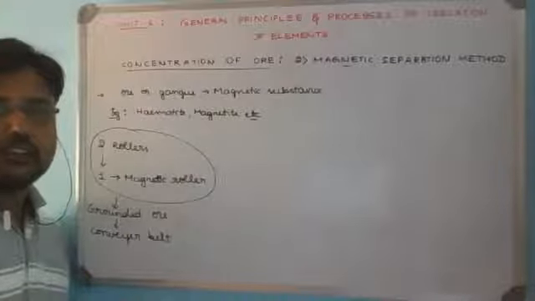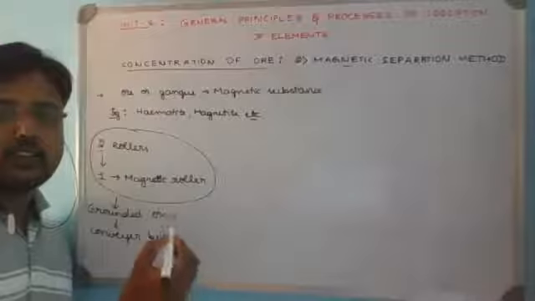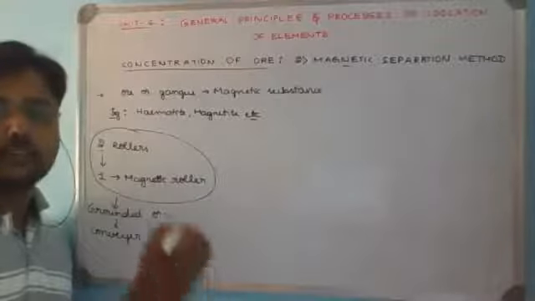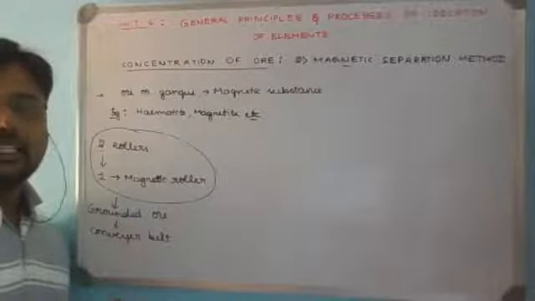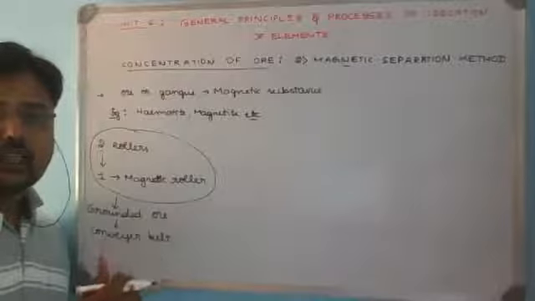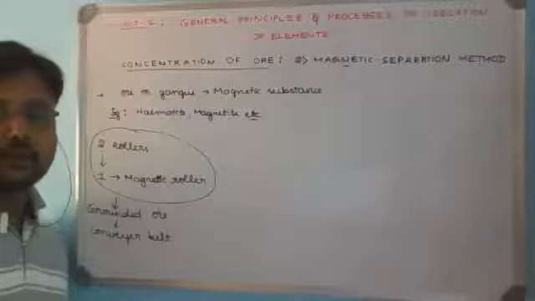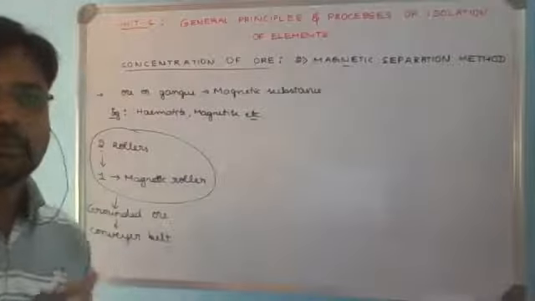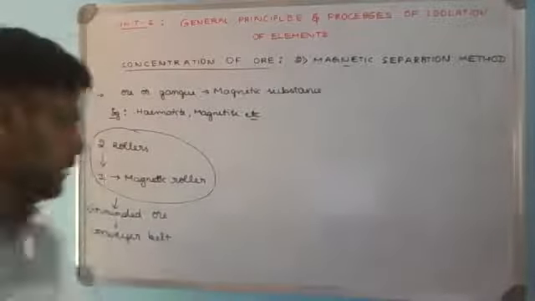Once the ore particles reach near the magnetized roller, the magnetic particles are attracted and placed near the roller, whereas the non-magnetic particles are thrown away from the roller.